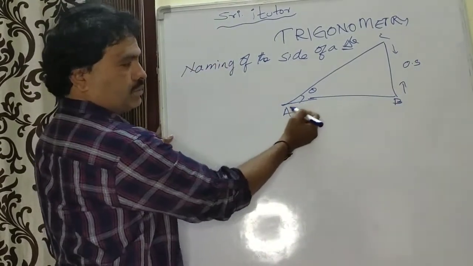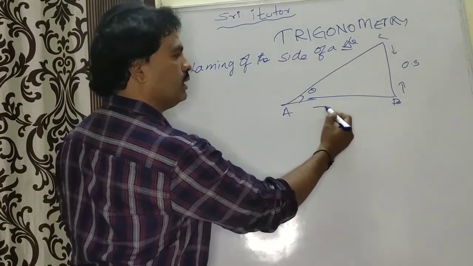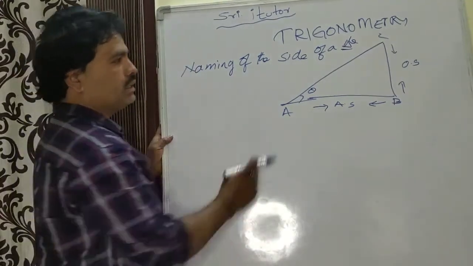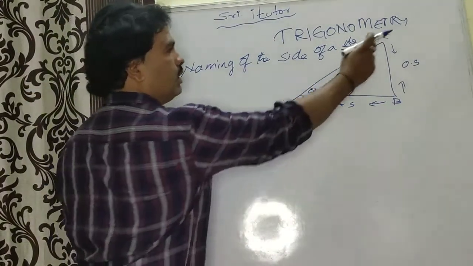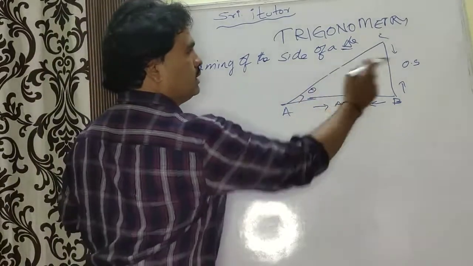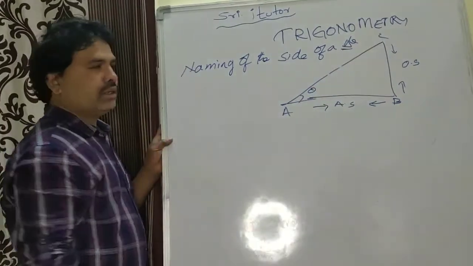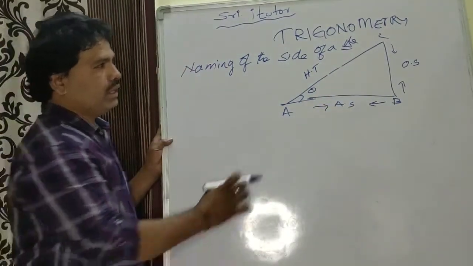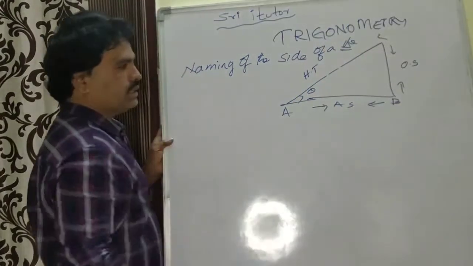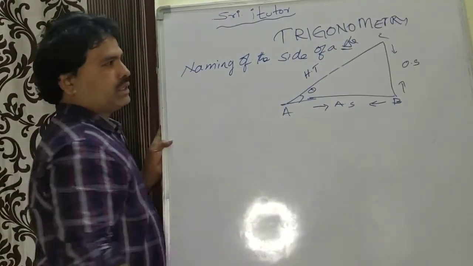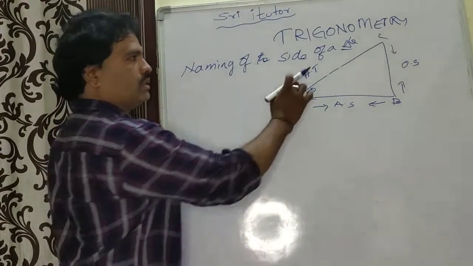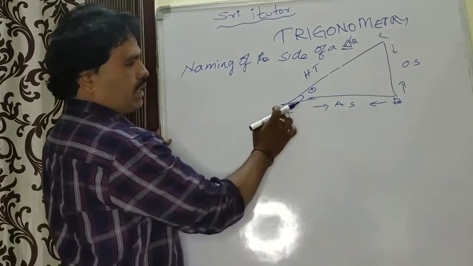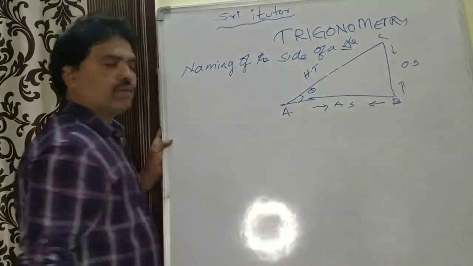The side adjacent to the angle we call the adjacent side. The remaining one is the longest side of the triangle. Compared to these three sides, it is the longest, so it is called the hypotenuse.